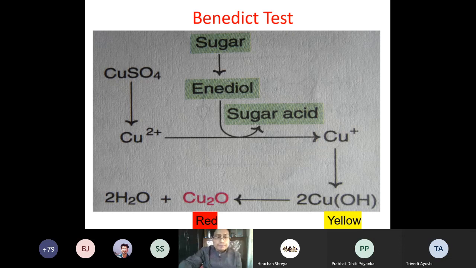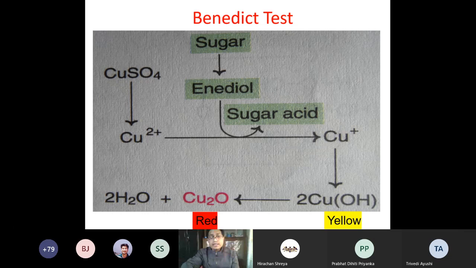Now let's see this Benedict test. What happens is, as we have said, sugar in mild alkaline conditions will form enediols, and these enediols are highly reducing agents. That means they reduce other chemicals while they themselves get oxidized, and the enediol becomes oxidized to sugar acid.